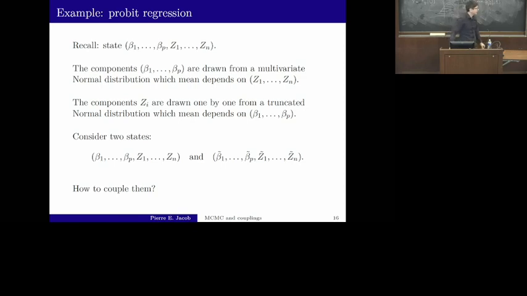Now we're going to have two states. So I'm going to call beta, z the first chain and beta tilde, z tilde the second chain. How do we make them meet? So do you have any suggestions? How are we going to proceed? If we do nothing, if we sample them independently, they will not meet. That's for sure.